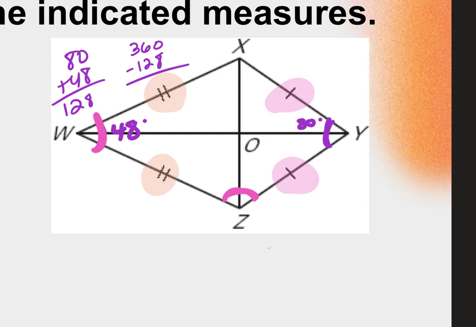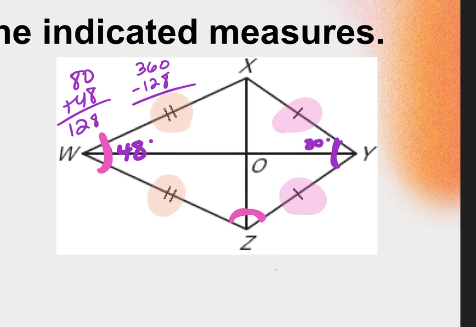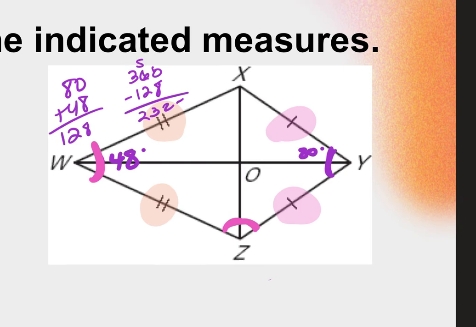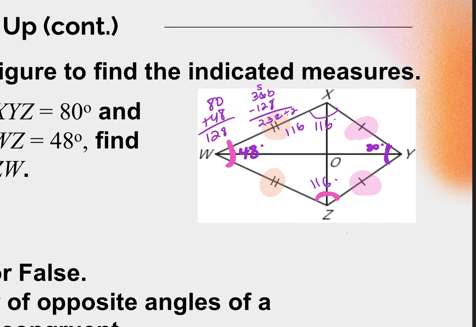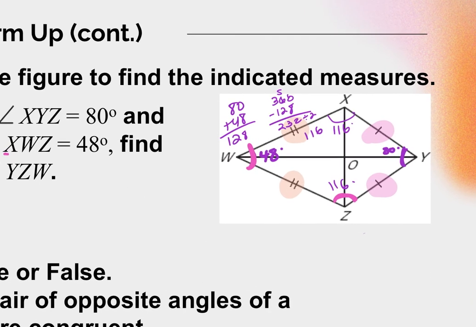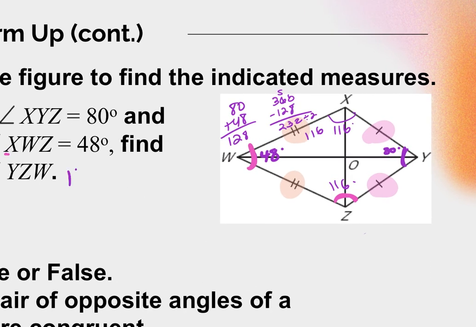All four interior angles would have to add up to 360. So if you add the 80 and the 48, this would be 232 divided by 2, and that's 116 for both of these. So you have to remember that those are congruent in order to do that, and they are, because that's where the two non-congruent sides meet. Anybody do it differently?